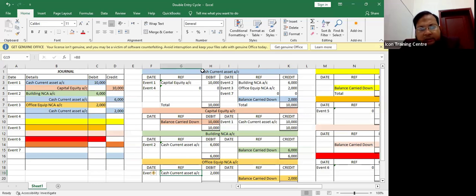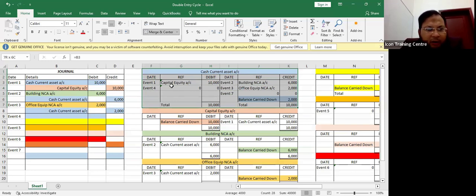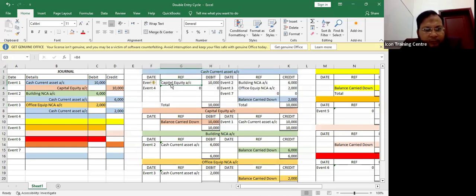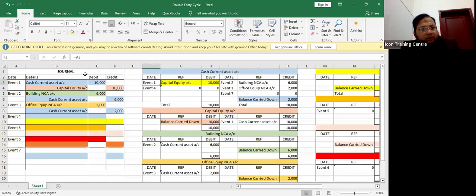And now if you analyze the cash asset account, it has got 3 entries. It has got 3 movements. In event 1, it was debited because of capital. So our cash was increased because of capital. Now in event 2, it was credited because of 6,000.